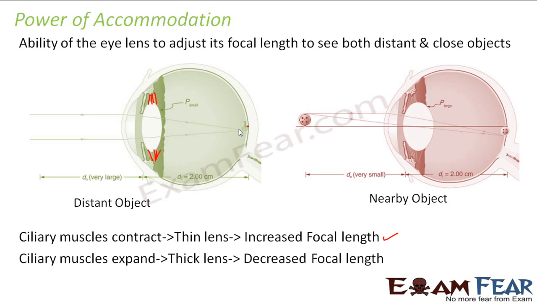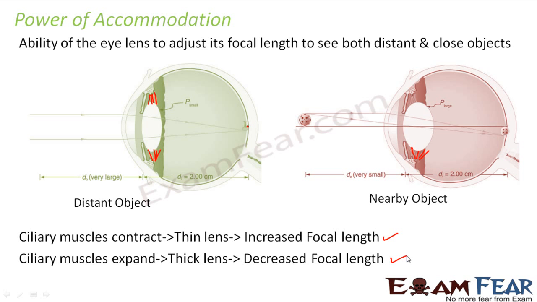Similarly, when we talk about nearby objects, what happens? The ciliary muscles expand. When the ciliary muscles expand, that means these muscles get relaxed and move away from each other, so the lens is allowed to become thicker. A thick lens has a decreased focal length, right? But in this case also there is a limitation up to which the ciliary muscles can expand.